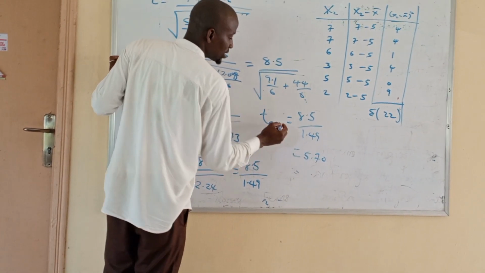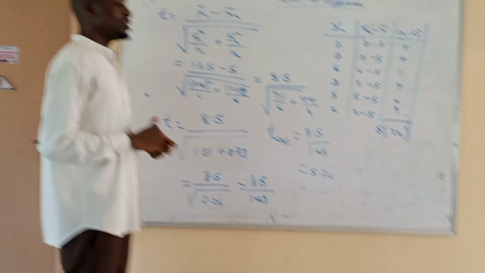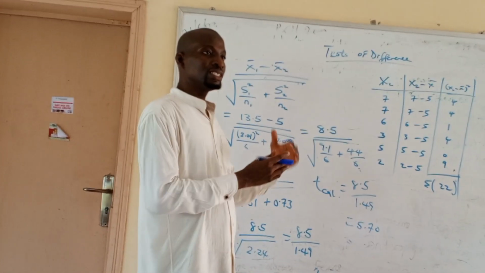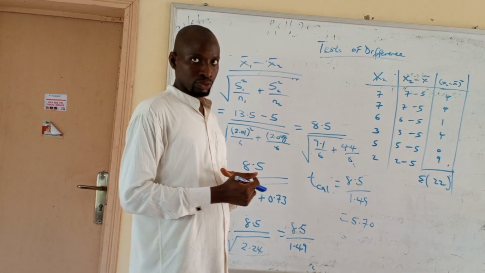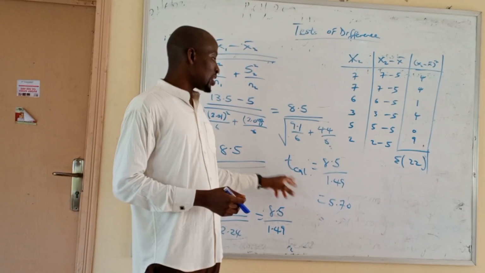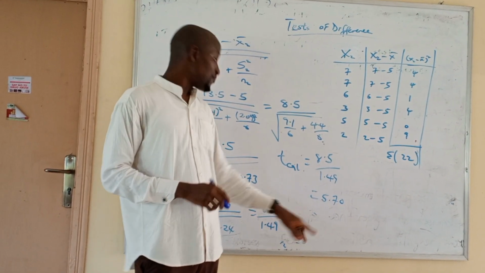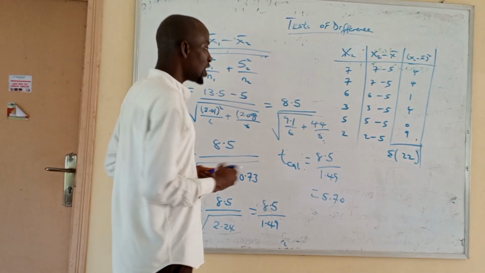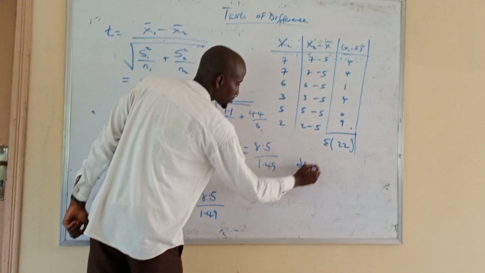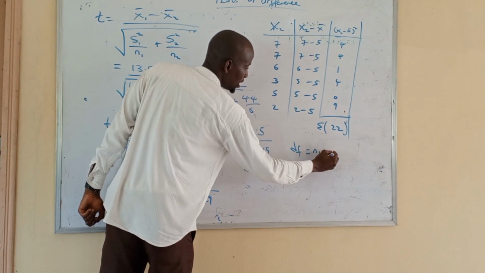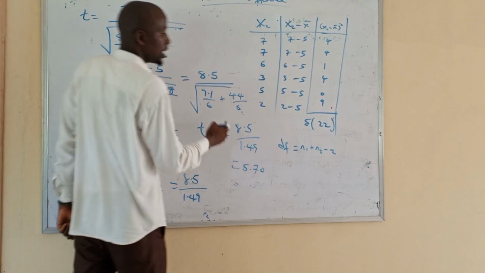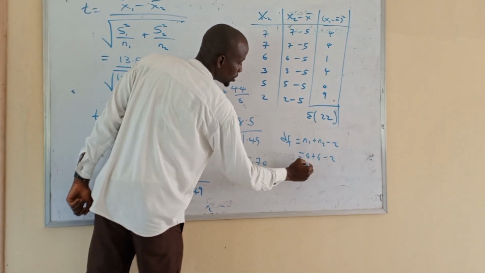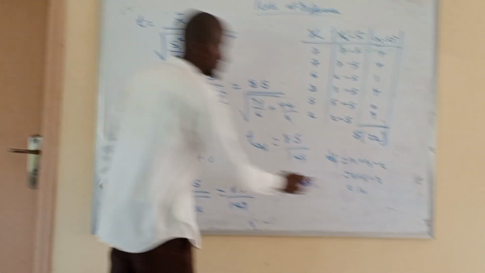5.70. Our t calculated. Now, if the question is saying there is no significant difference between the experimental and control group, and you are able to get your t calculated to be 5.70, your degree of freedom will now be n1 plus n2 minus 2. n1 is 6, n2 is 6, minus 2. So that means your degree of freedom is 10.